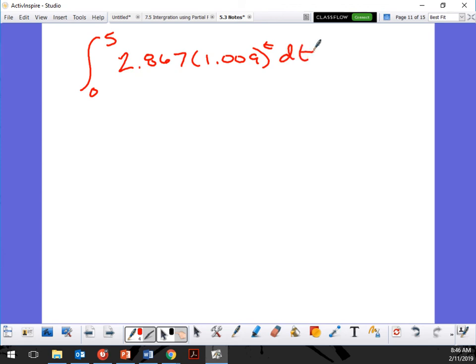Now the antiderivative is going to be just this thing inside, something like that, because it's already a derivative. I'm actually finding it right here so I don't screw this up.